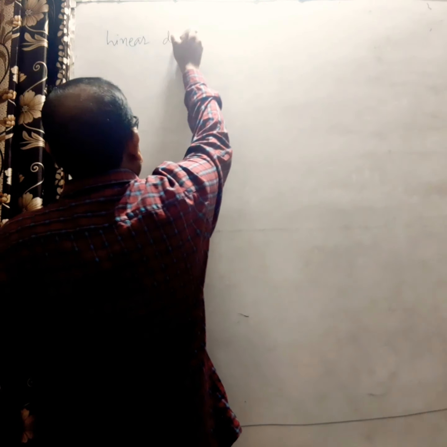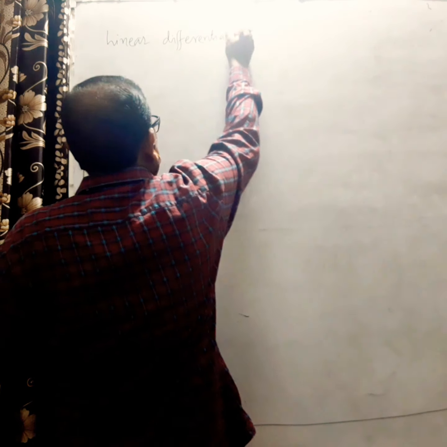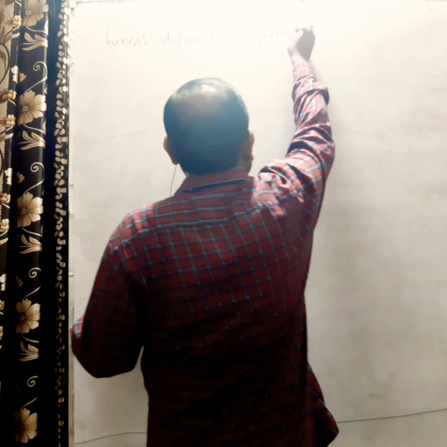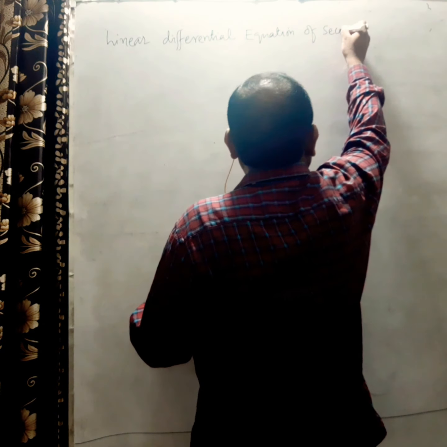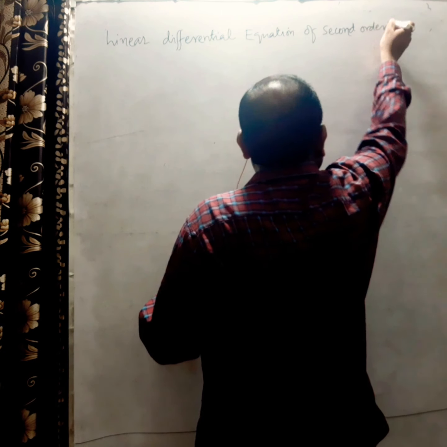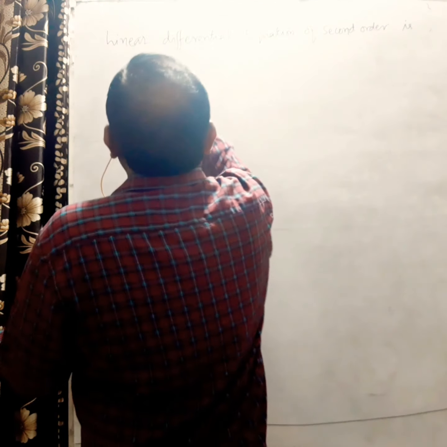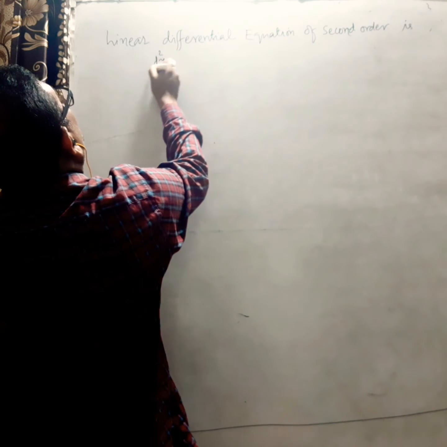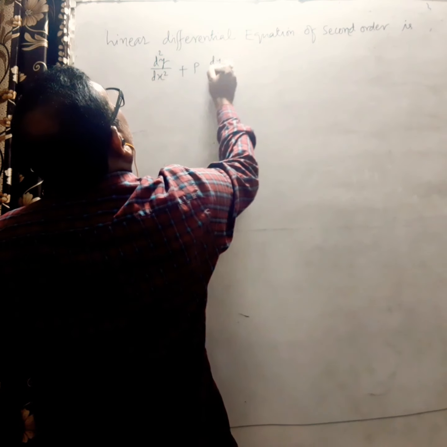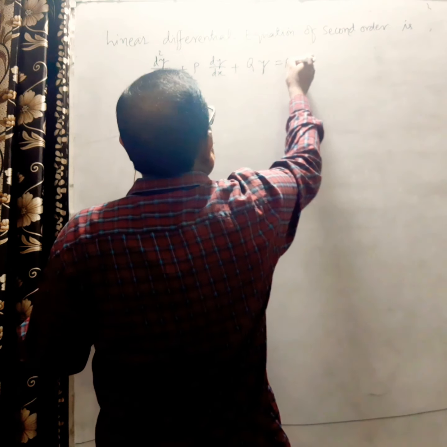A linear differential equation of second order is d2y upon dx square plus p dy upon dx plus qy is equal to r.